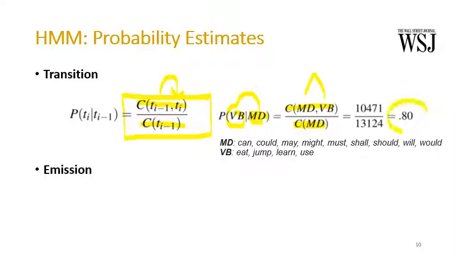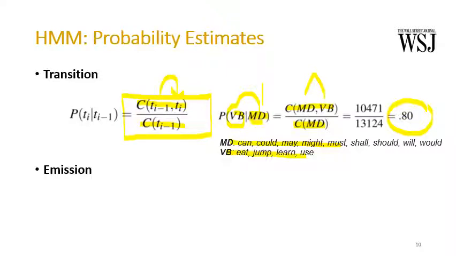Apparently, the probability of a verb following a modal is pretty high. It's 0.8. So modal is something like can, could, may, might, and so on. VB is the verb in its basic form, like eat, jump, learn, use, without s, without ing at the end, so just the verb in the base form.